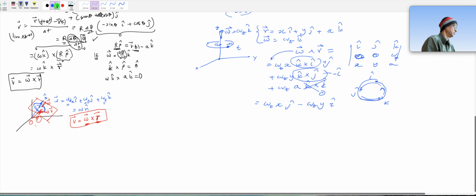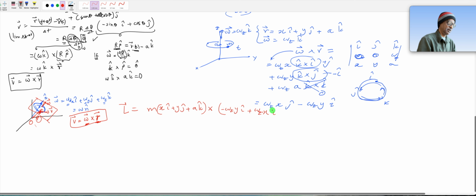I have x i hat plus y j hat plus a k hat. So L is equal to m times the cross product of this with minus omega z y i hat plus omega z x j hat.